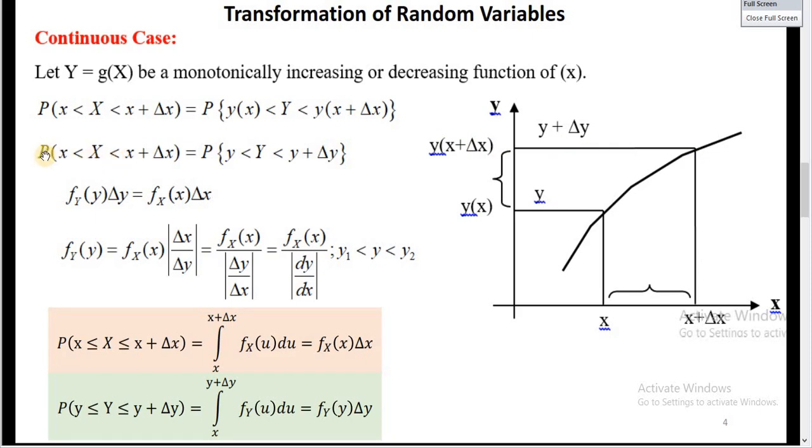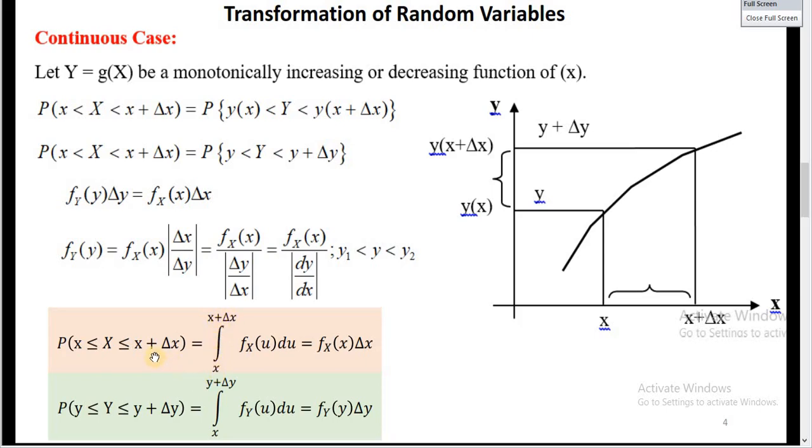Now, what is the probability that x falls between x and x plus delta x, that is, within a differential length delta x? We recall the definition of probability for a continuous random variable. The probability that x falls between a and b is the area under the curve.